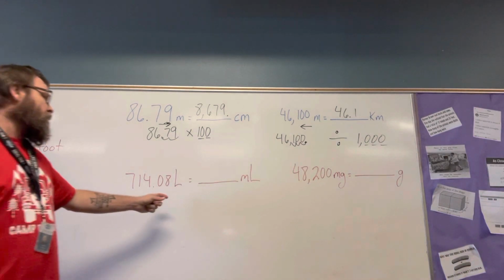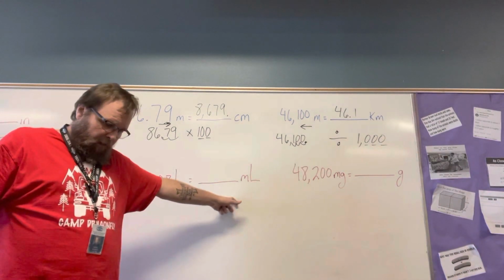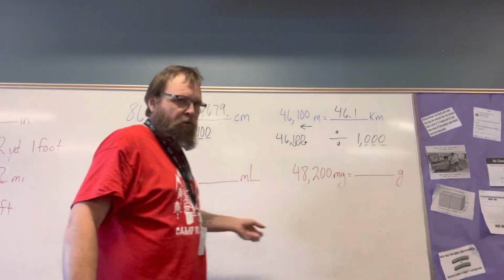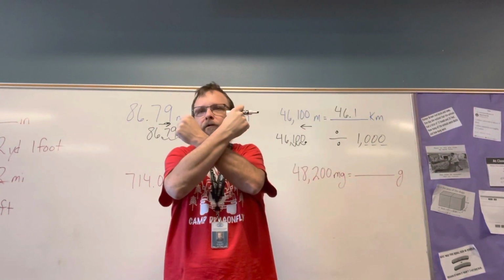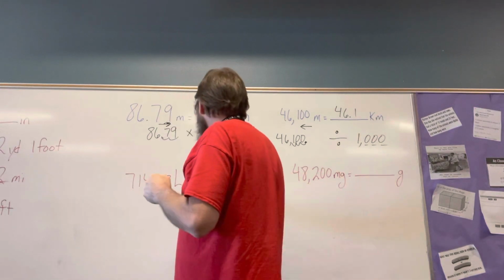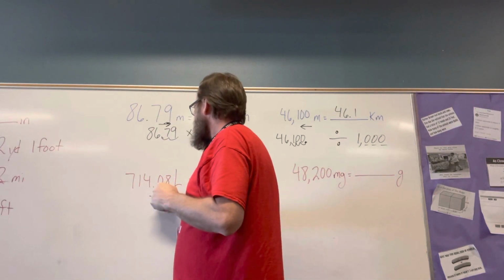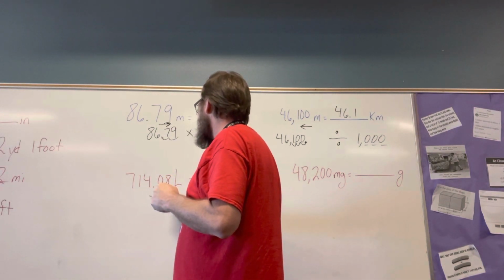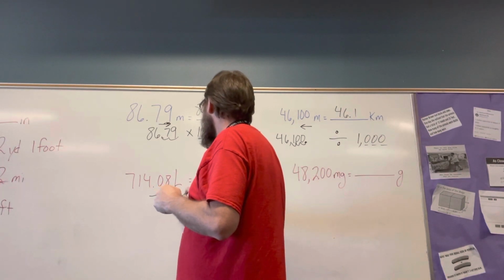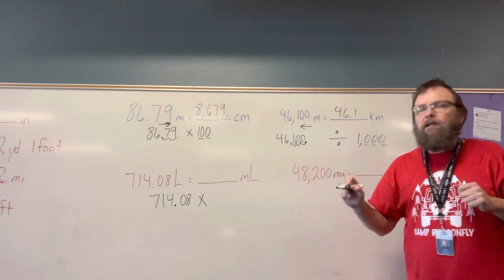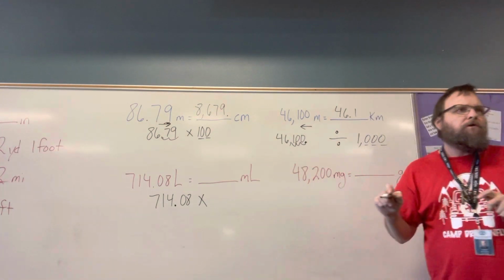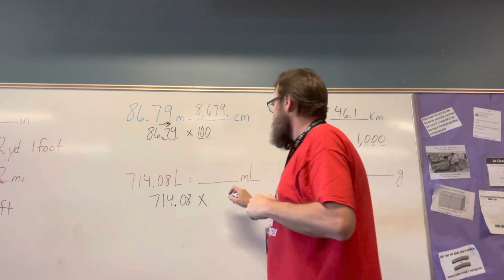Now I'm going from liters to milliliters. The liters are greater. Liters to milliliters, which means I multiply. I multiply the number of liters I have by the number of milliliters in a liter, which is, I believe, 1,000.